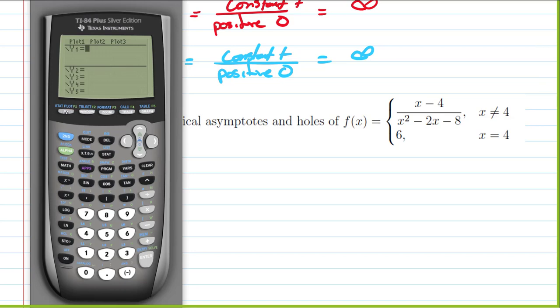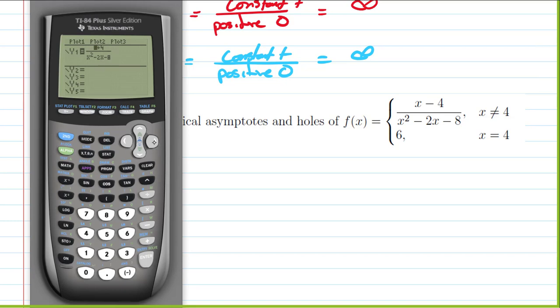So we go y equals, get our fraction, so we go x minus 4 over x squared minus 2x take away 8. And if we graph just that, I have a typo there.